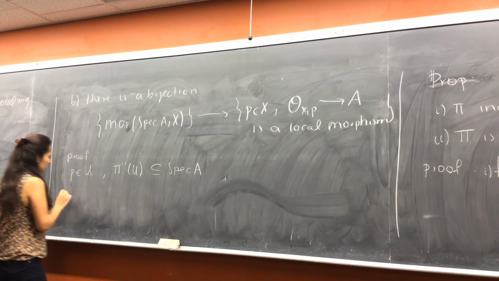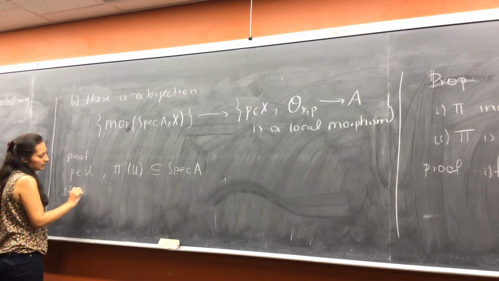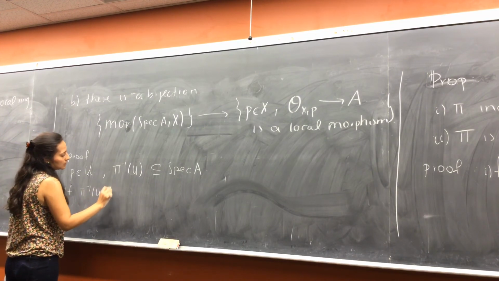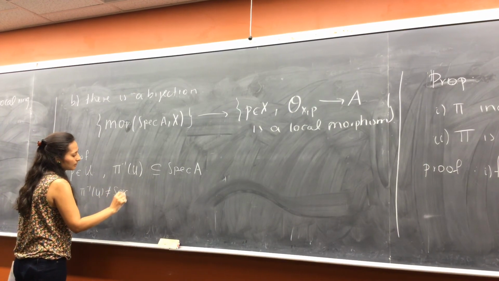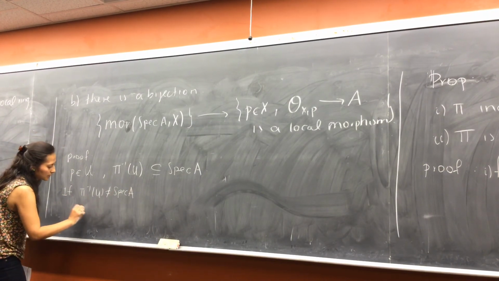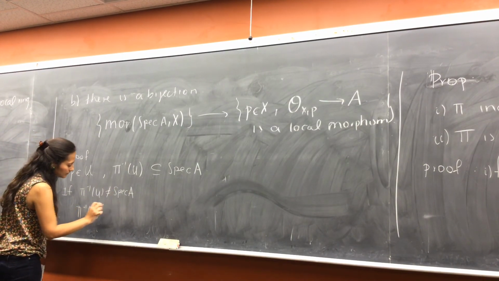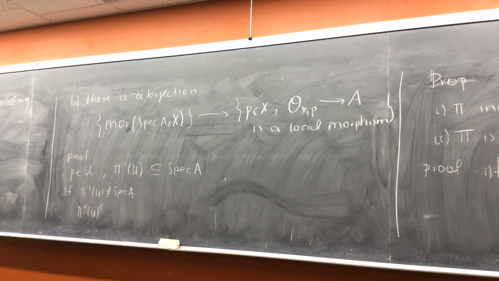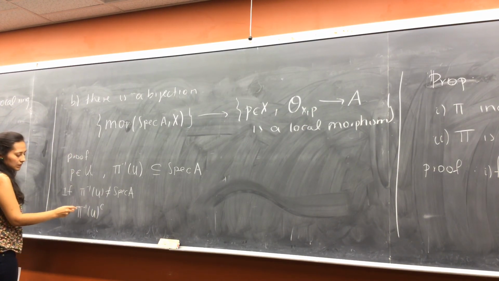So if the preimage of U is not Spec A, then we can look at its complement, which is not empty and is closed because pi is continuous.